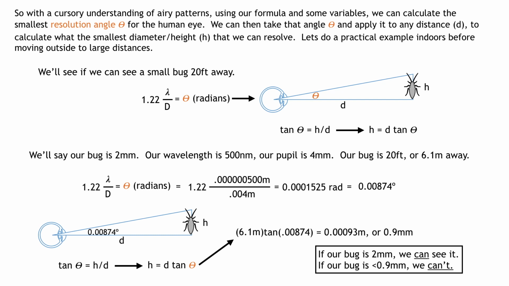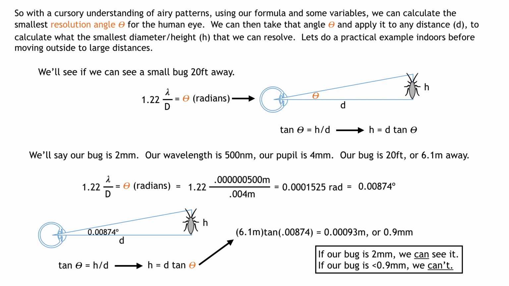We're going to use that angle to place our object within it at a certain height and a certain distance away, and we will see what height we can resolve with that angle.